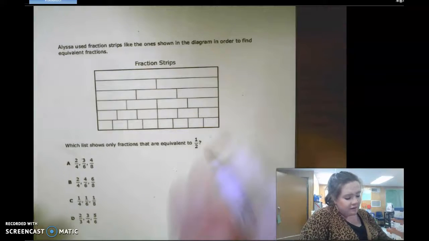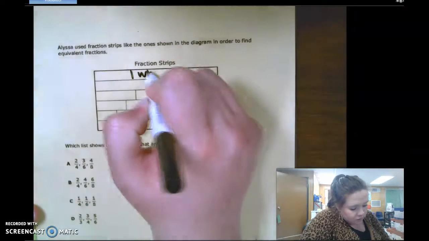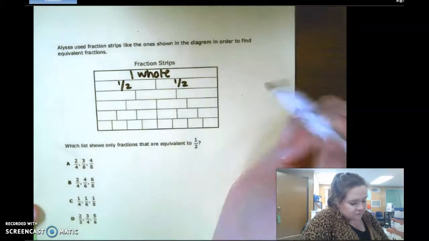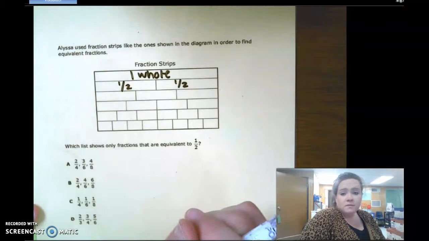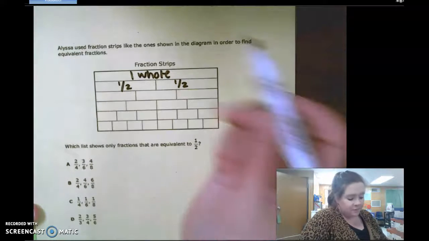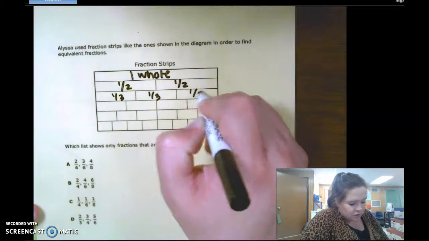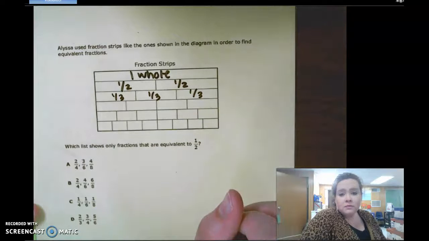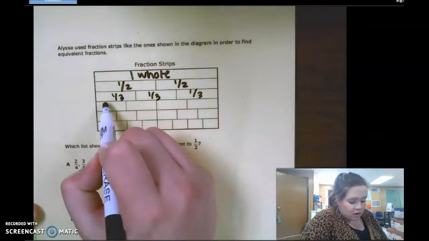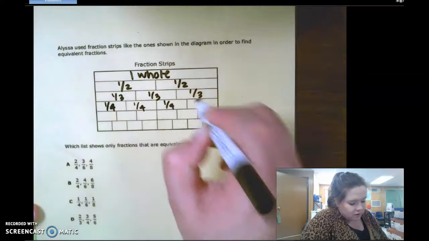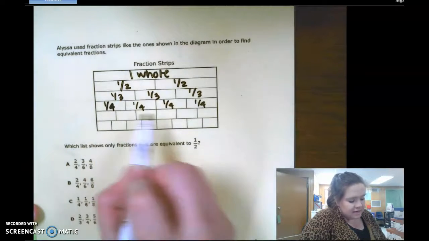So you have 1/2, you have 1/2, and 1/2. What are these going to be? Good. 1/3, 1/3, 1/3. What are these next ones? Awesome. 1/4, 1/4, 1/4, 1/4. These next ones are what?